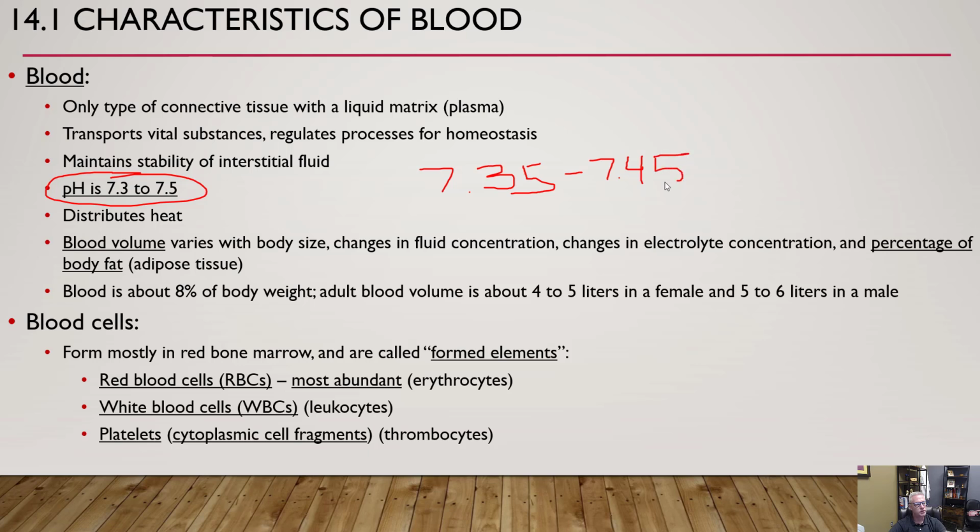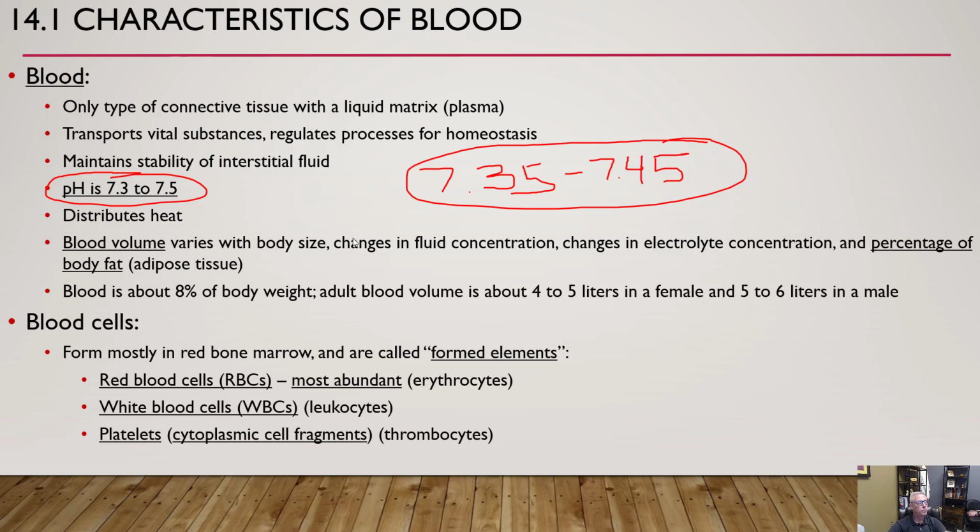I have always learned that the blood pH is 7.35 to 7.45. So for the purposes of the exam, we'll say it is 7.3 to 7.5. However, when I talk, I will probably say 7.35 to 7.45, because that's just how I learned it.